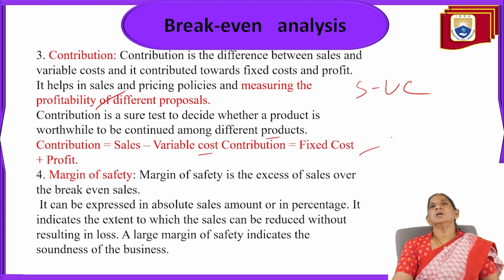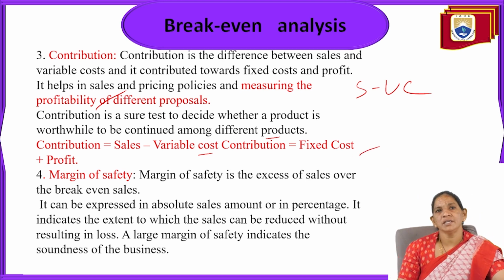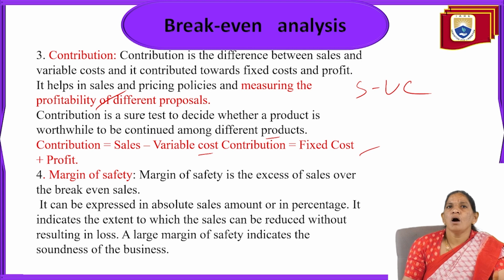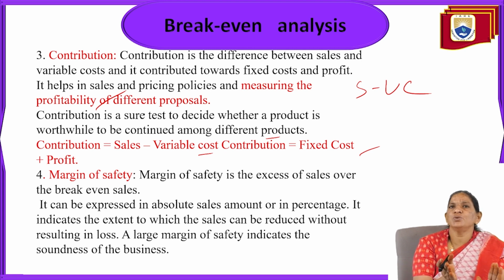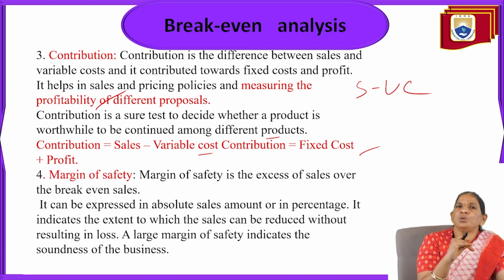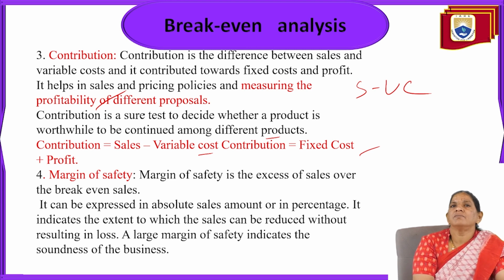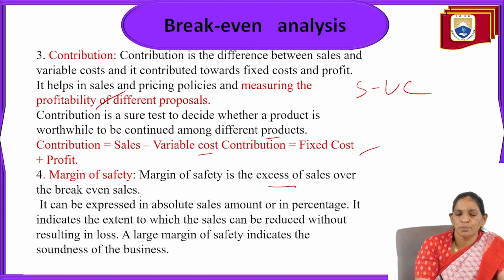The next in break-even analysis is margin of safety. So margin of safety means how far the organization is on the safe side. Means by production units, how many units it is producing over break-even, means more than break-even. That says how safe I am. Means the excess of sales over the BEP.